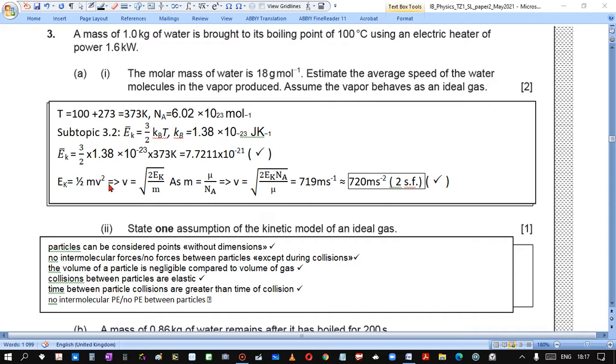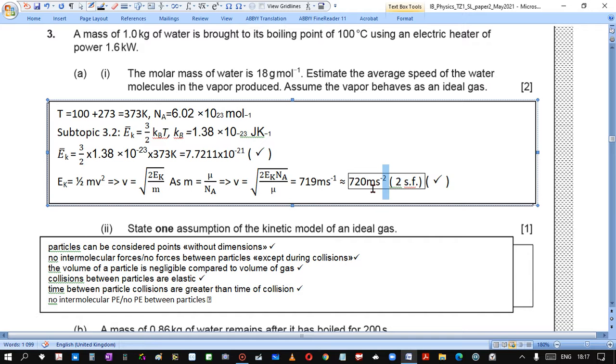So half m v squared, we square both sides and rewrite for v, and we use the calculated value of energy. So to find the mass of one particle or molecule, we divide the molar mass, 18 gram per mole, by the Avogadro number. So we get 720 meters per second.